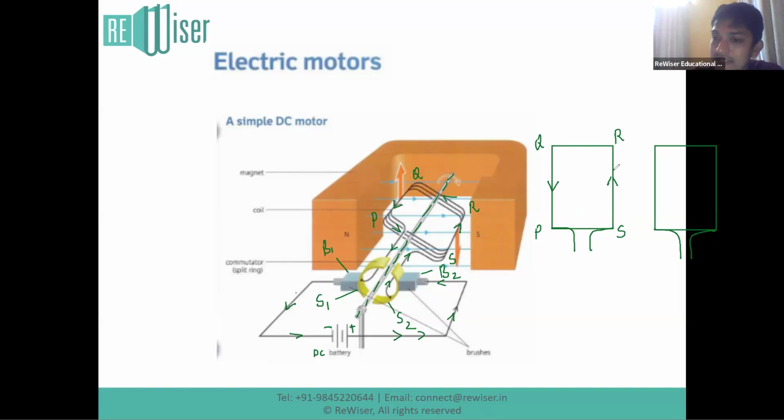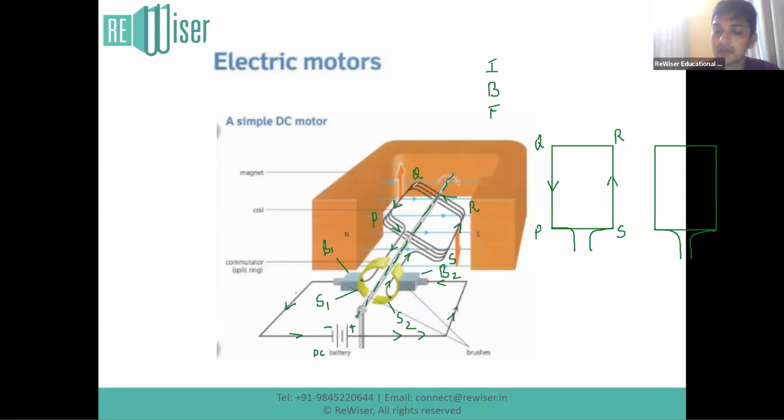Let's first figure out the directions and then let's figure out the rotation. So for part PQ of the wire, current is denoted by I. Magnetic field, sometimes your teacher might use M, but the actual notation that's supposed to be used is B. And F stands for force.